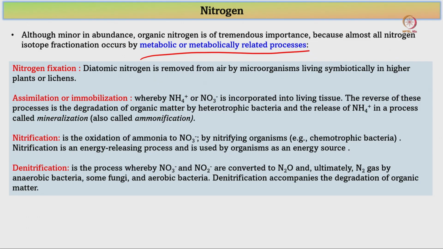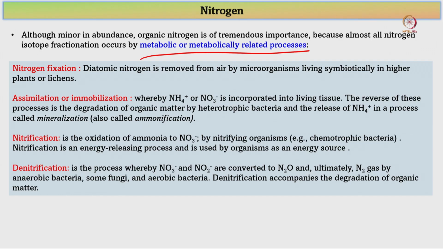For instance, what are the processes we are talking about? We are talking about nitrogen fixation, when nitrogen is removed from the air by microorganisms and made available to the plants. Then there is assimilation, when that fixed nitrogen, either in the ammonium form or the nitrate form, gets incorporated into the tissue, taken up into the biomass.